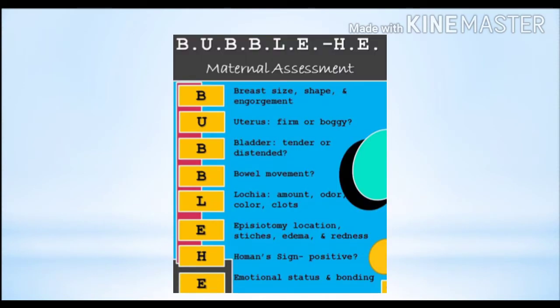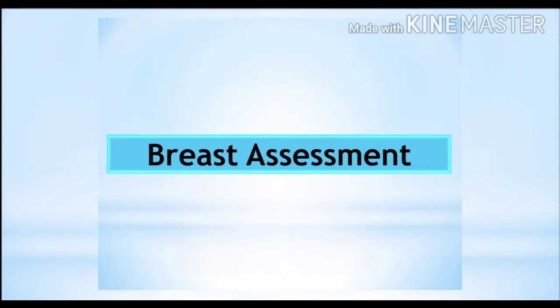This picture shows the mnemonics in maternal assessment, which, in short, is BUBBLE-HE. Breast assessment is the first letter in our mnemonics, wherein we will palpate both breasts for engorgement or filling, and also minimize palpation for a bottle-feeding mother to avoid stimulation.